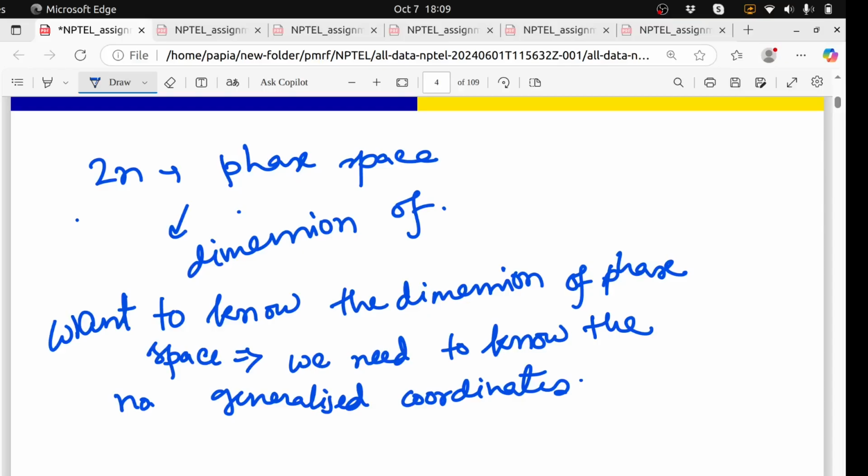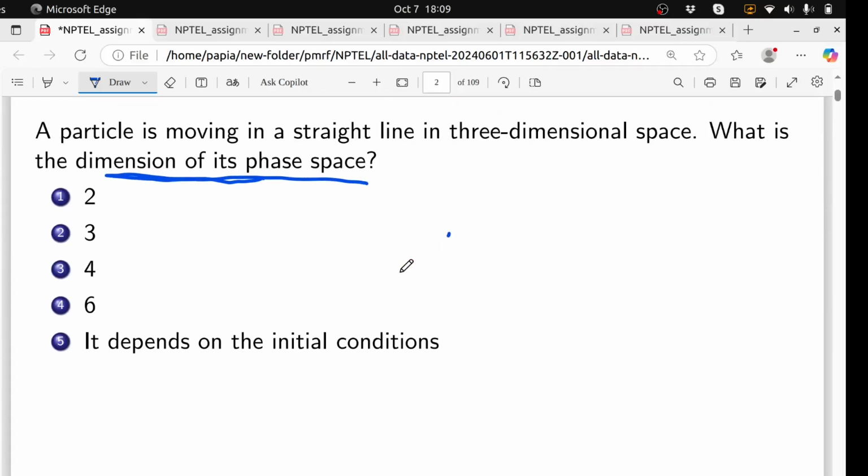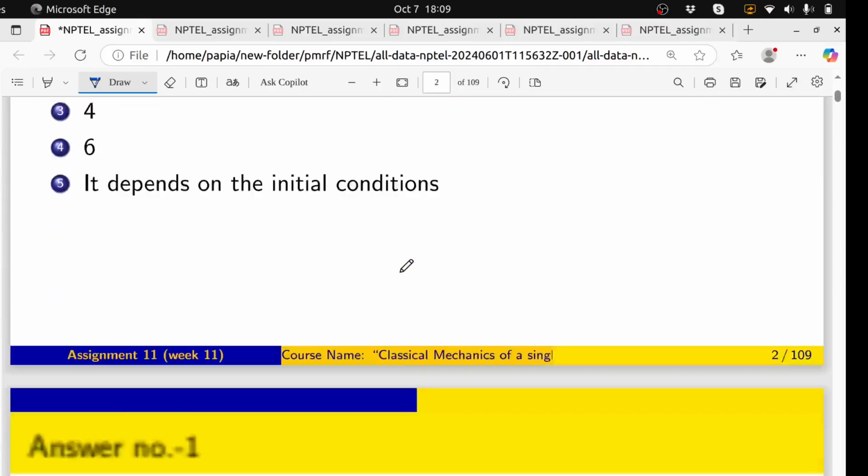That will give me the dimension of phase space. Now coming to the question that sir was asking in the first question: the particle is moving in a straight line in three-dimensional space.